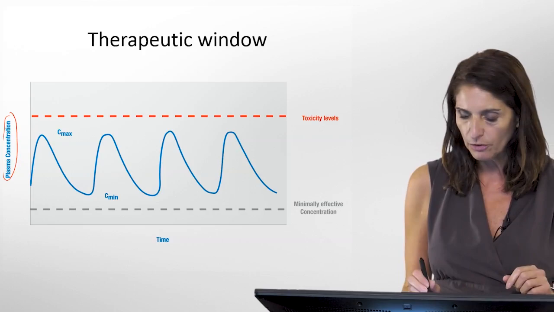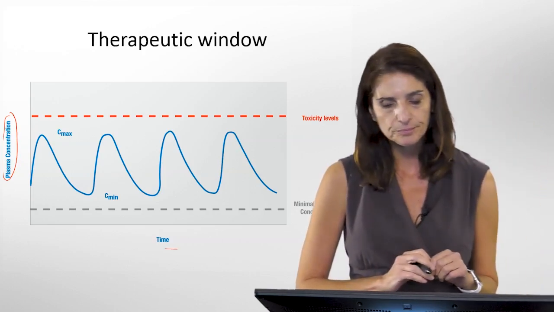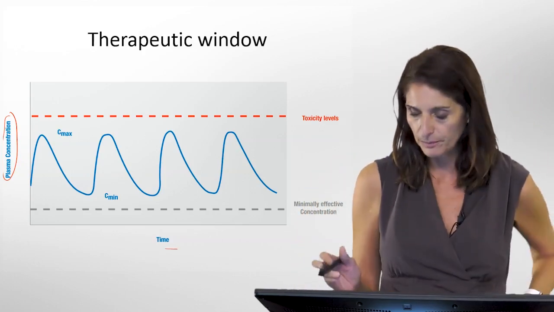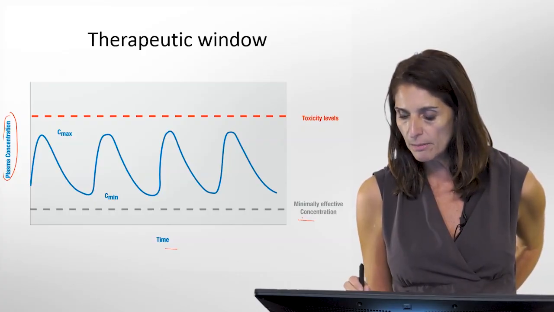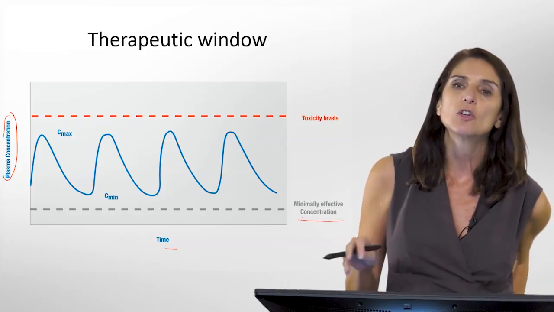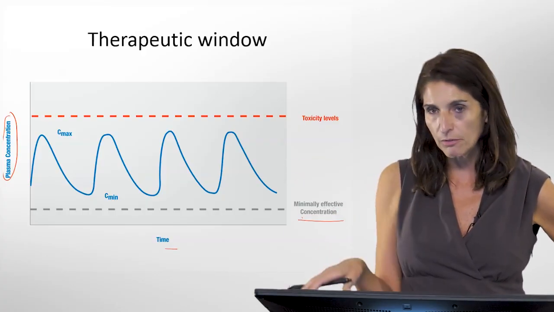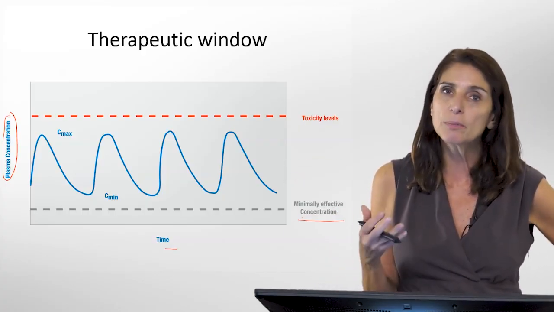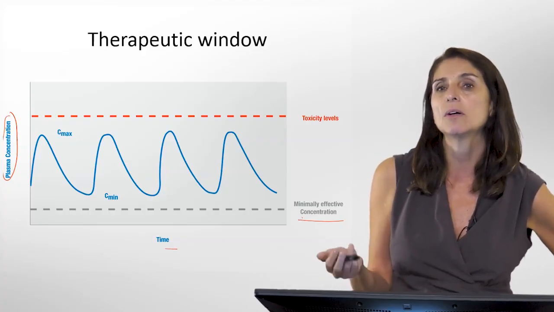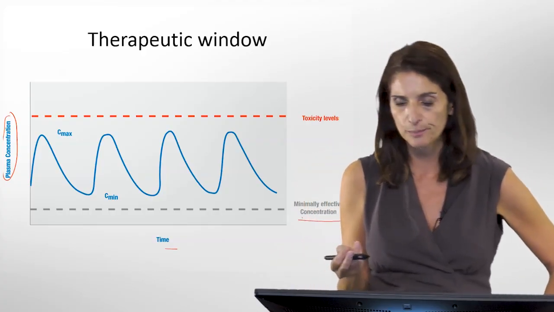And so we can think of it as a graph where we correlate plasma concentration with time. And we'll have two levels. One is the so-called minimally effective concentration. So when the concentration of the drug in the plasma falls below that level, the drug becomes inactive. So we are out of the so-called therapeutic window.